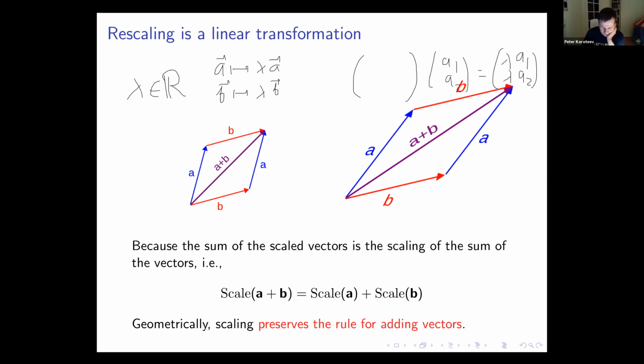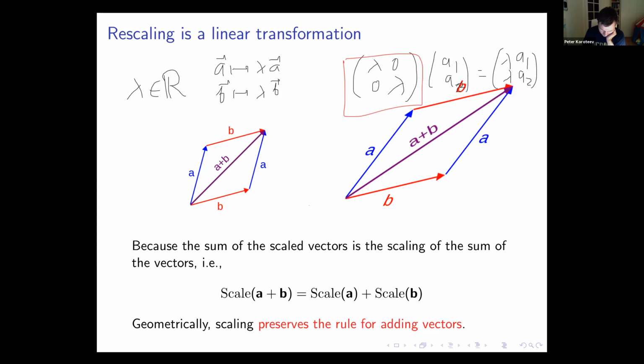But what kind of matrix should it be? Lambda 0, 0 lambda. Yes, that's right. If it's true for every vector, it will be true for A and B. So that's the matrix for rescaling.